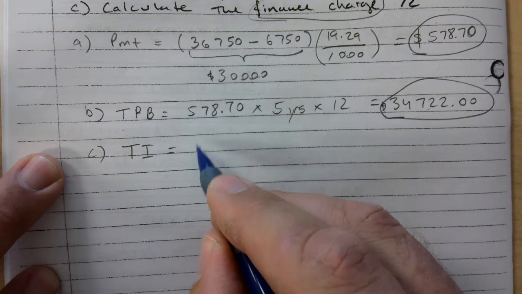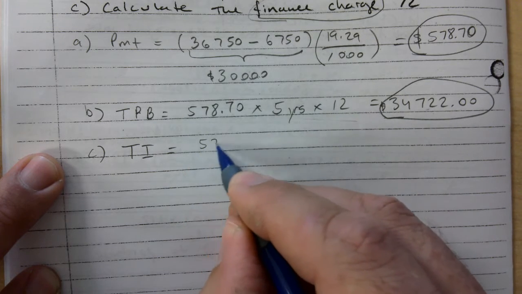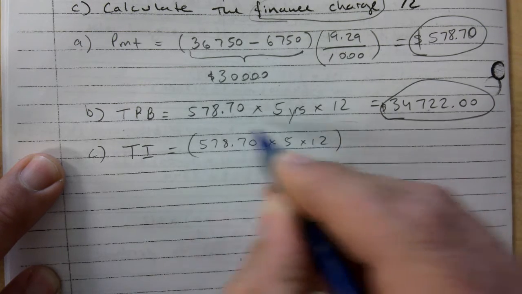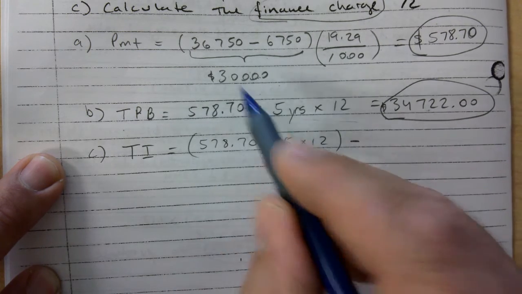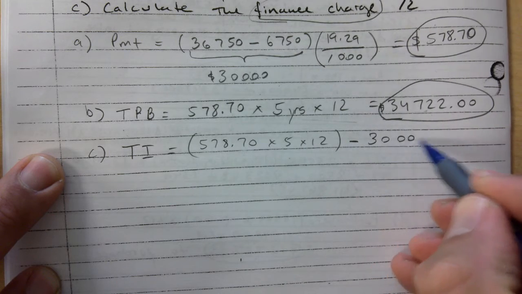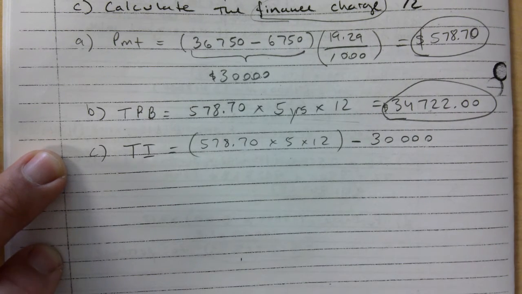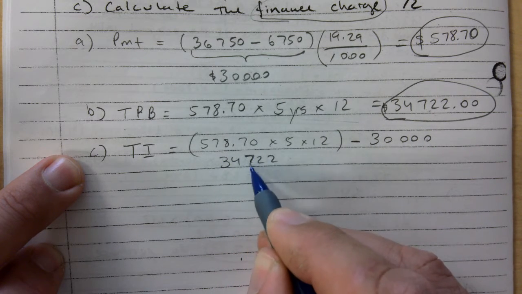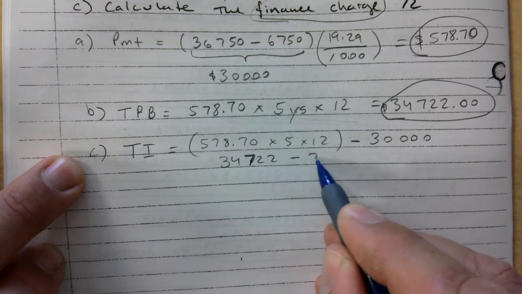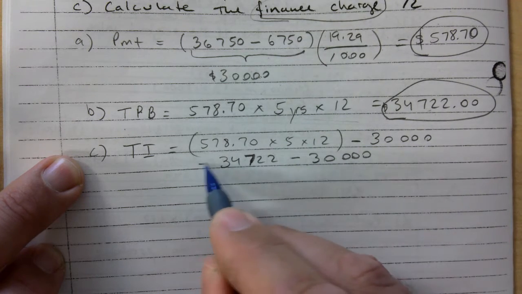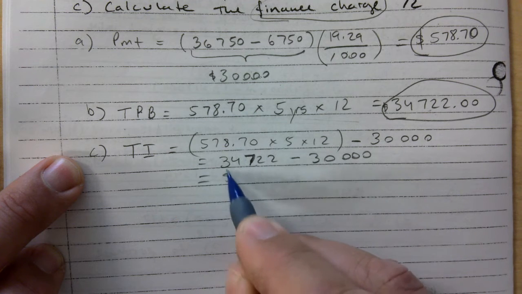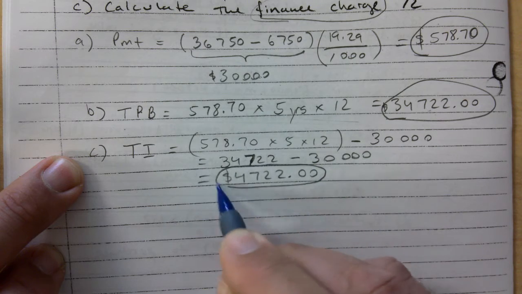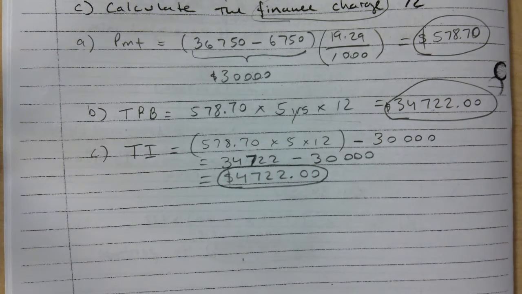So using the formula again, you figure out total paid to the bank and you subtract the loan from it, because you really borrowed 30 grand. I'm going to borrow my answer from the previous line. And this is a beautiful mental math scenario. It's just $4,722 even. That's the finance charge.